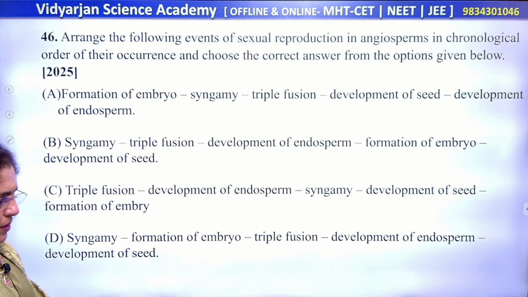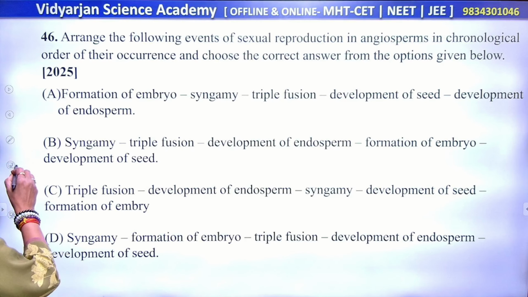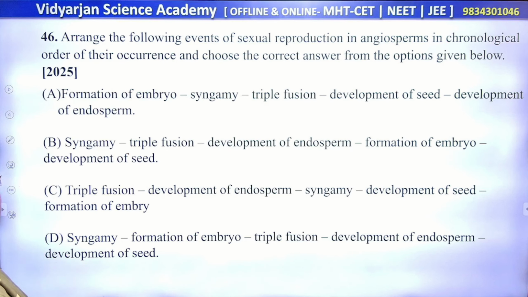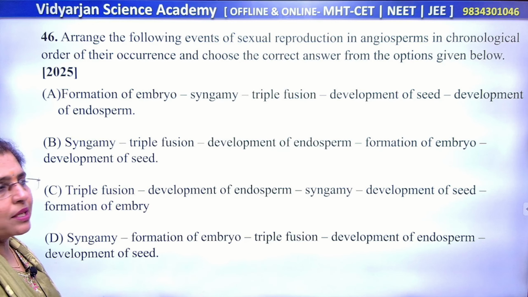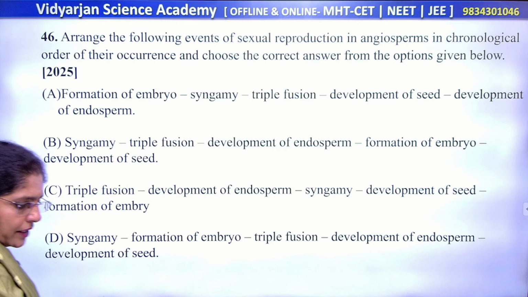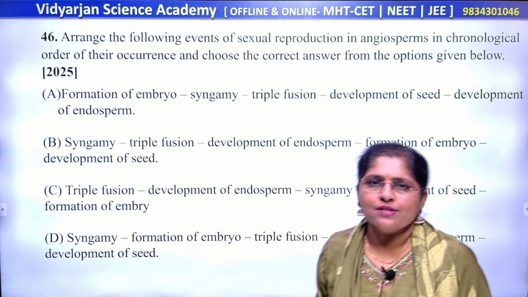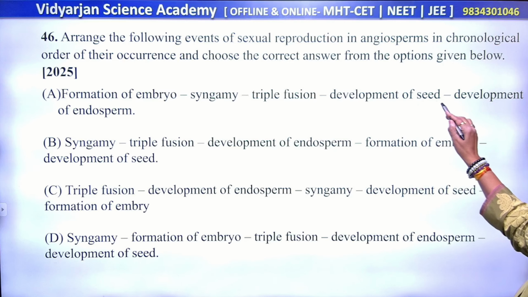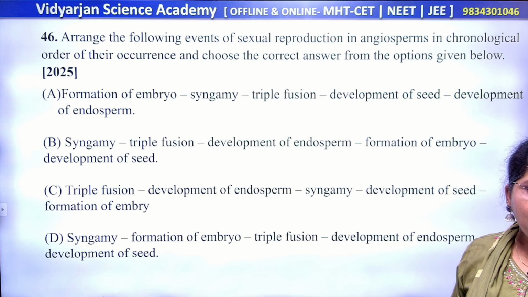What is question number 46 here? Let us see. They have given us the different steps. We are supposed to choose the correct option amongst the given ones. So take a few seconds to read this. What is option A? Formation of the embryo, syngamy, triple fusion, development of seed, and development of endosperm.